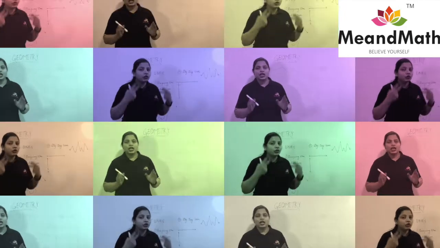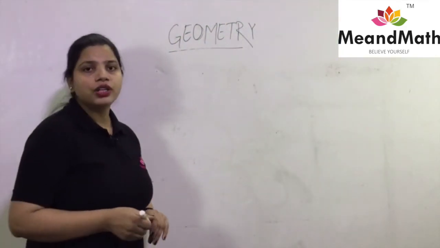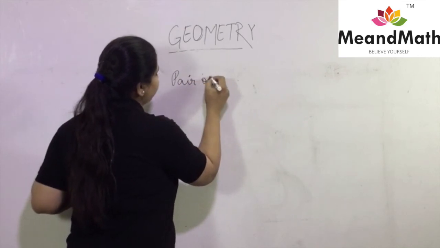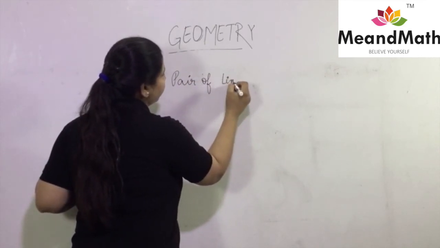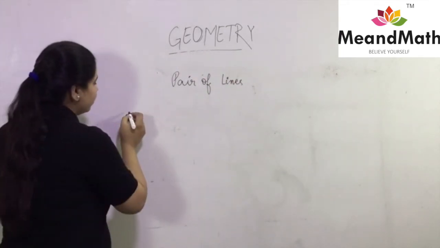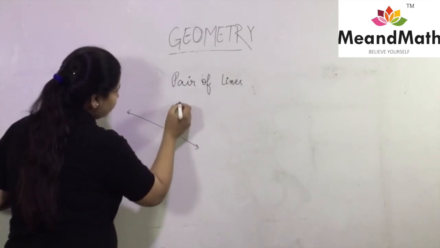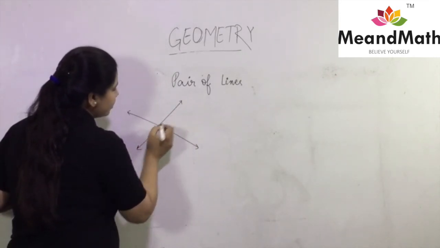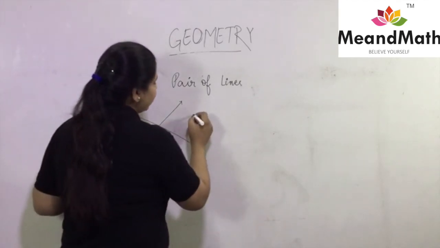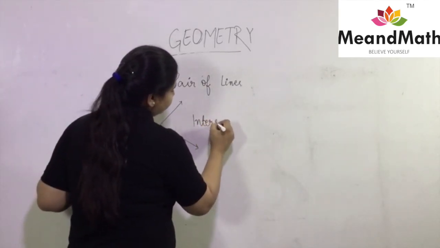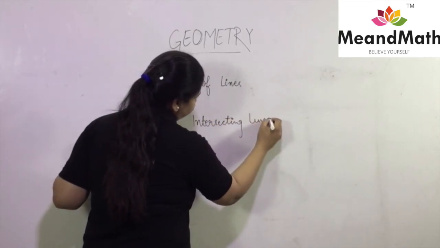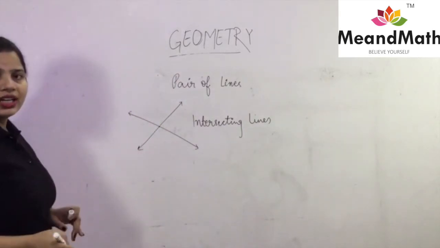Now next we'll classify lines according to pair of lines. If we have a pair of lines, like if two lines intersect at some point, these lines are called intersecting lines.